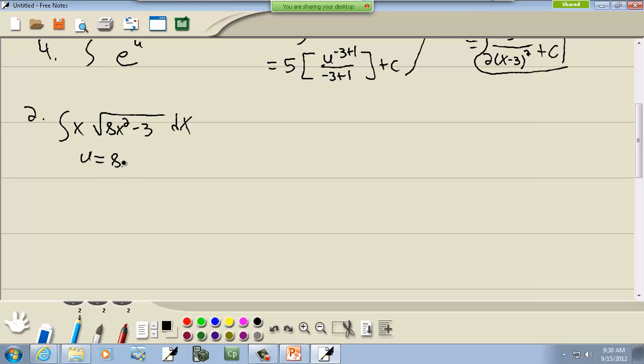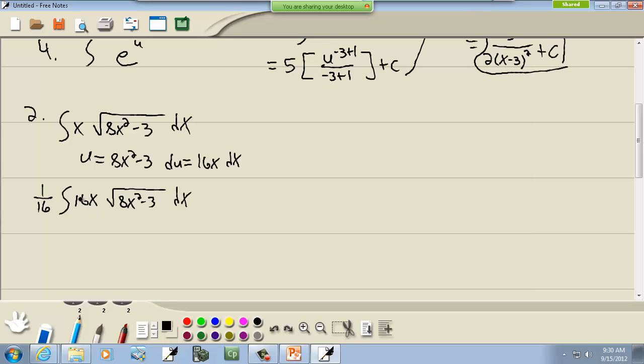So u is equal to 8x squared minus 3. Take the derivative of that. That gives us 16x dx. Well, we have the x, we have the dx in there, but we don't have 16. So we'll put a 16 in there, like that. And we have to offset it with a 1 over 16 out in front.